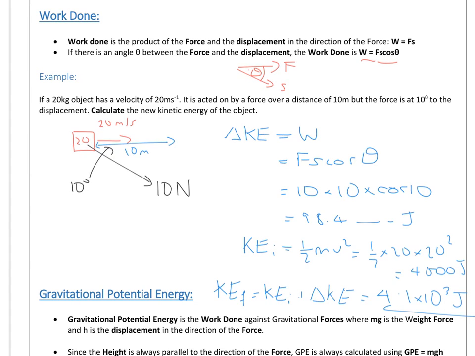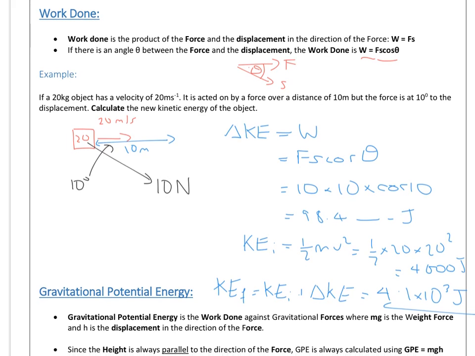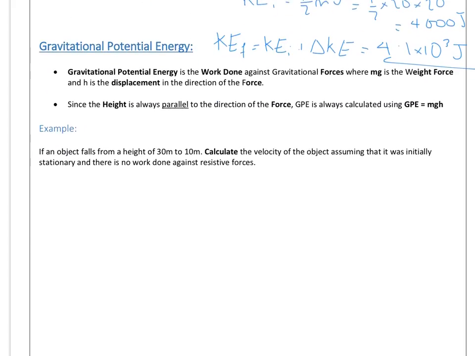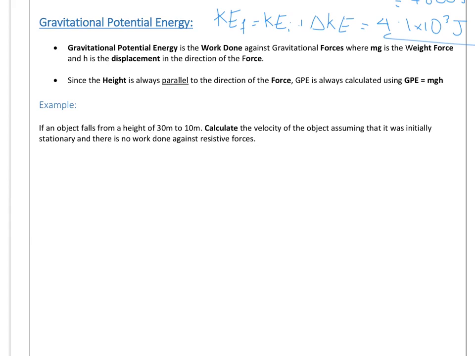Okay, so that's how we can link kinetic energy and work done. Putting in work can increase the kinetic energy, or working against the motion can decrease the kinetic energy. All of this was assuming there was no height change. Alright, so let's finally look at gravitational potential energy.